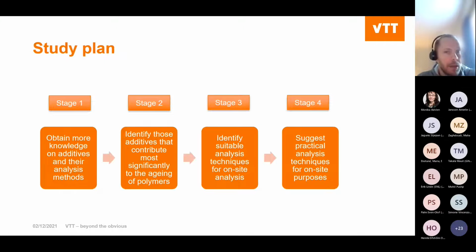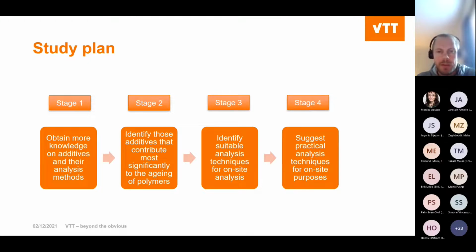So our plan, we developed this 4-stage plan, where in the first stage, we just obtain more information on additives and how they are analyzed. What are the analysis methods that are used in additive analysis? Then in the second stage, we identify those additives that contribute most significantly to the aging of polymers.